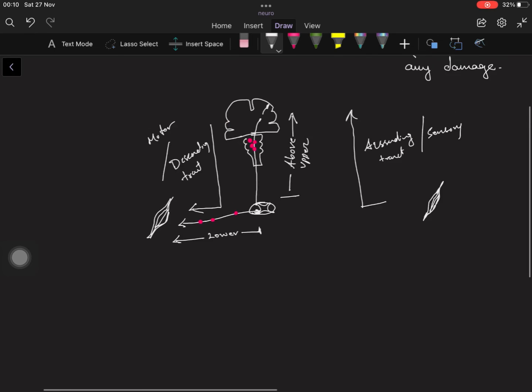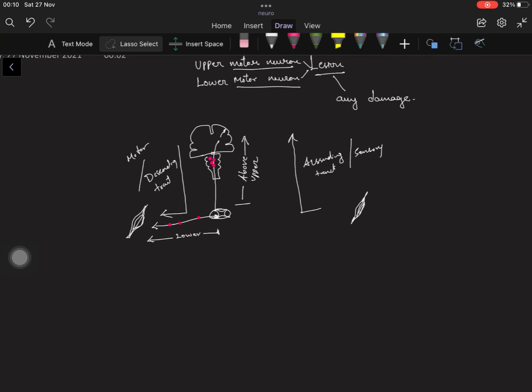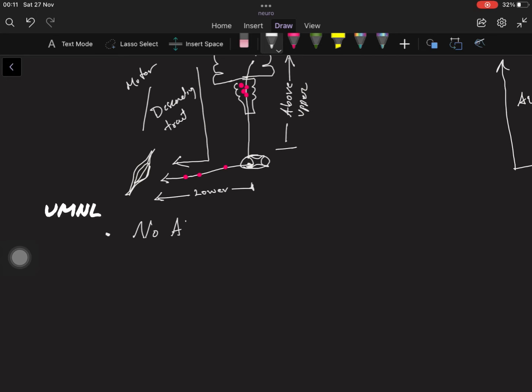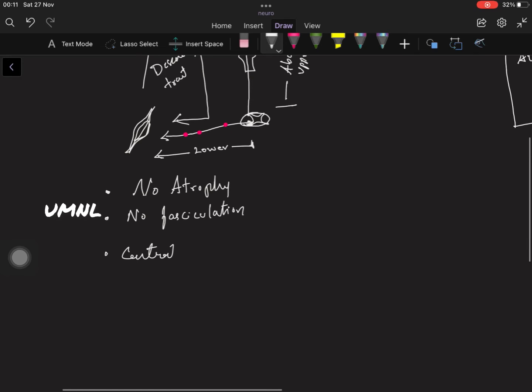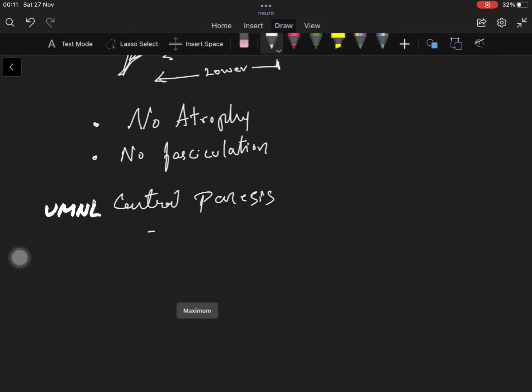So let's talk about some features of upper motor neuron lesions. Here usually atrophy is absent, and fasciculations are absent. Then central paralysis, which is usually weakening of muscles, for example the facial muscles.